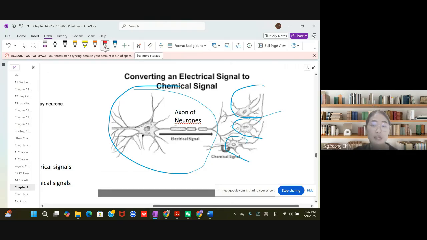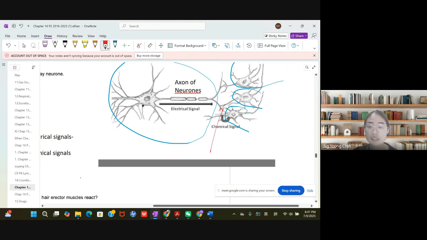At this location there will be a synapse. We call it the synaptic cleft, which is the empty space between two neurons.